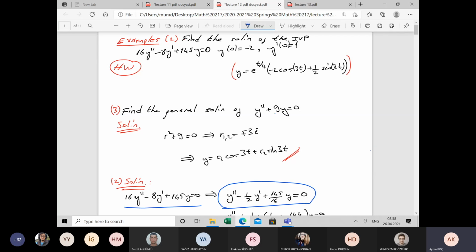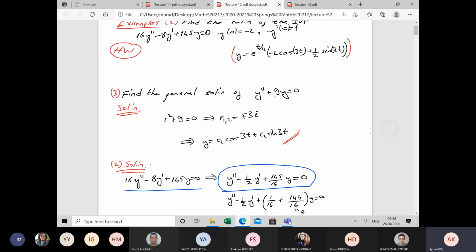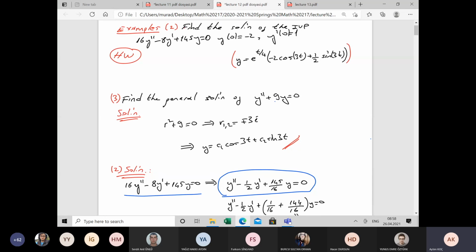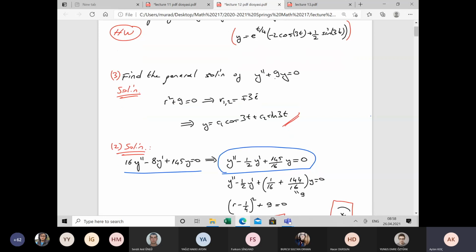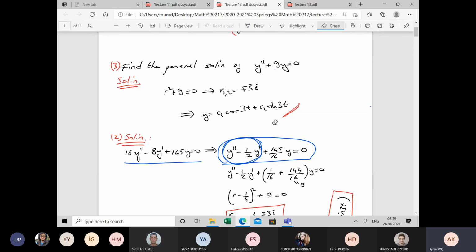So, how to find the characteristic equation? Rewrite this one, and then write the characteristic equation. It will be practice, okay? Look at this part: y double prime minus 1 over 2 y prime is okay.